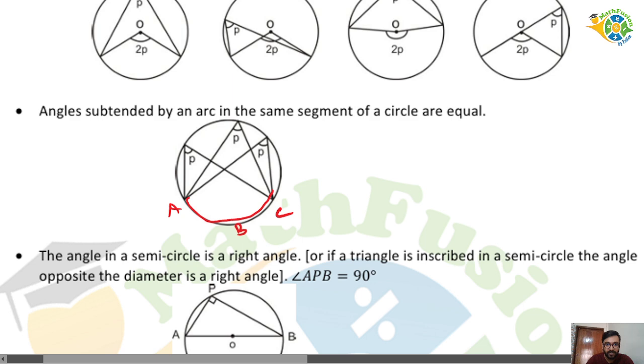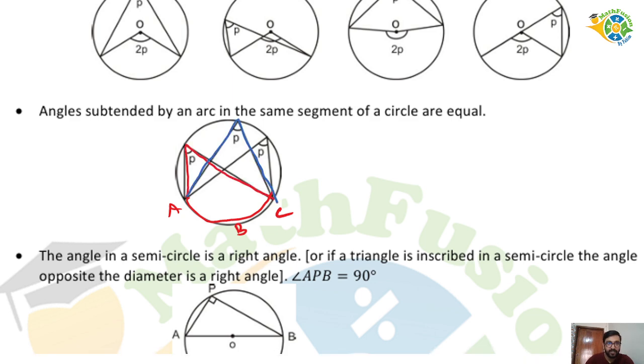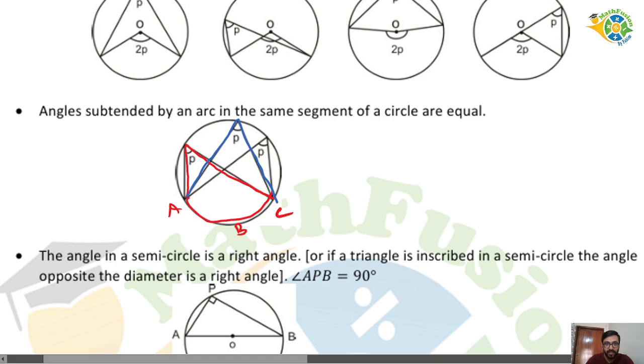So this circumference angle, this circumference angle and this circumference angle, they all will be equal as they are drawn from the same segment of a circle. Okay.